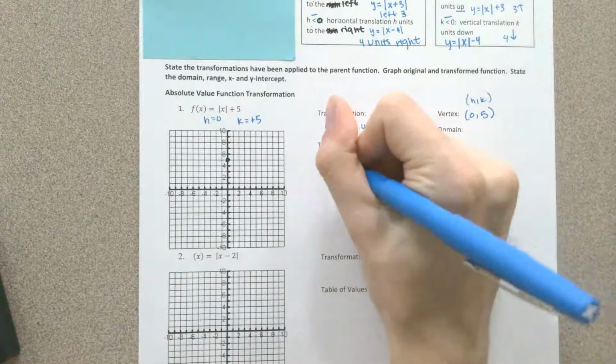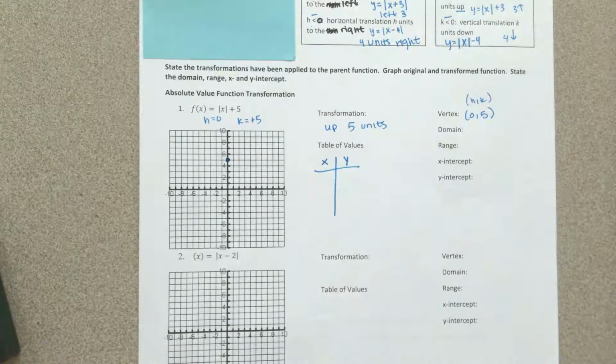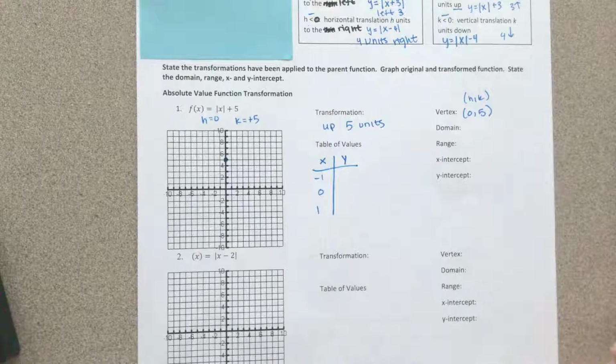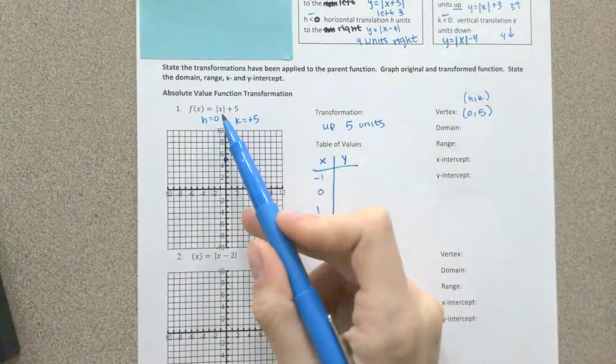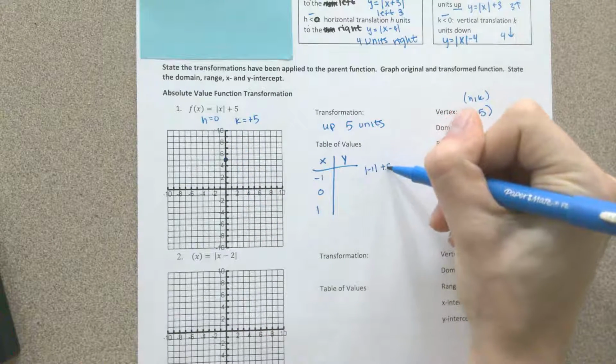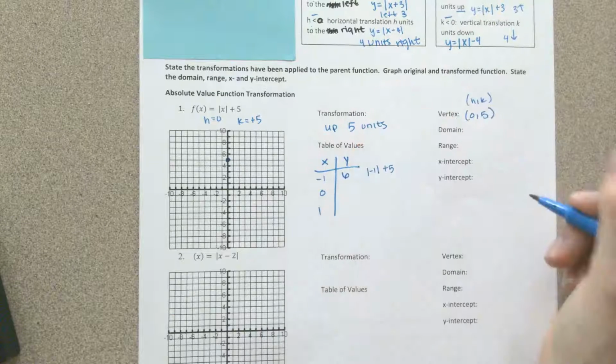So we can have a table of values, x and y. I'm fine with just doing 3 values and plugging that into the function. So when we have the absolute value of negative 1 plus 5, we get 1 plus 5, which gets us 6.